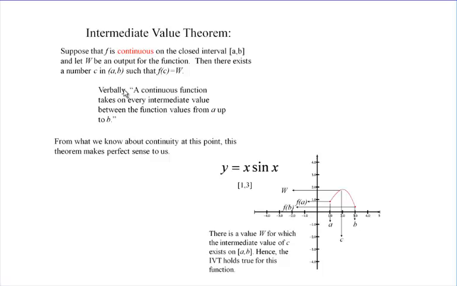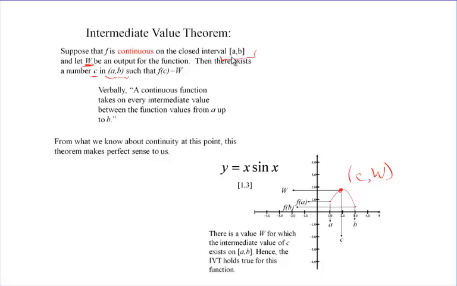The closed interval from A up to B. We're going to let W, capital W, be an output for the function. So here's W. Here's the point on this function, C, capital W. Then there exists a number C in the open interval.